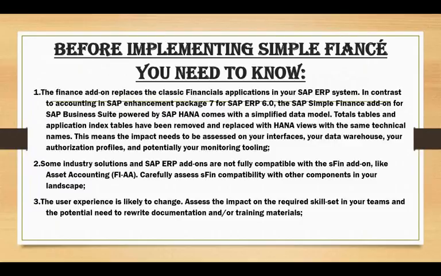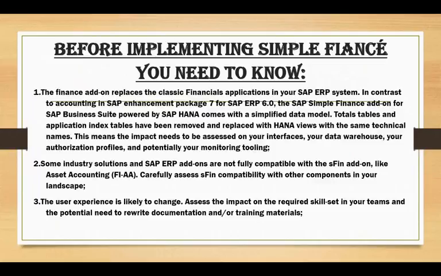The Simple Finance add-on for the SAP Business Suite powered by HANA comes with simplified data models. If you look at the internal part of Simple Finance apps, the totals tables and application index tables have been removed and replaced with HANA views with the same technical names. That means data redundancy is not required in Simple Finance apps.